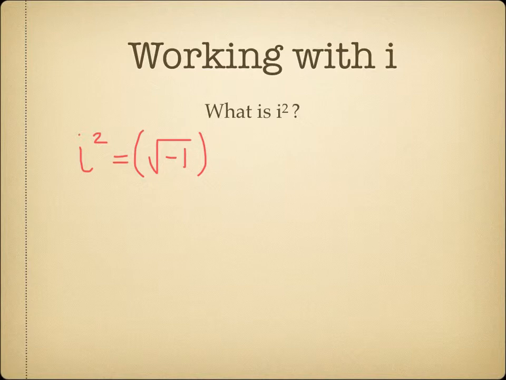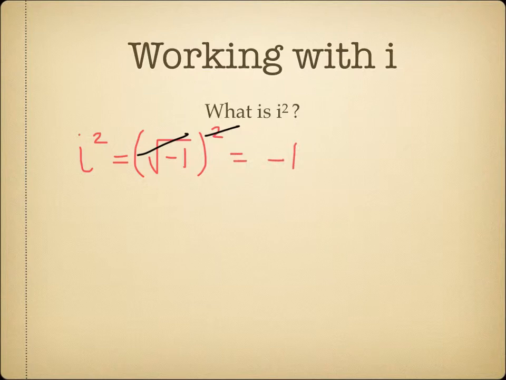If I take a square root and square it, I feel like I'm talking Dr. Seuss language today. If you take a square root and square it, what happens to it? Like what happens when I have a square root squared? Yeah, it cancels out. The square root and the square cancel, and I'm left with just -1.